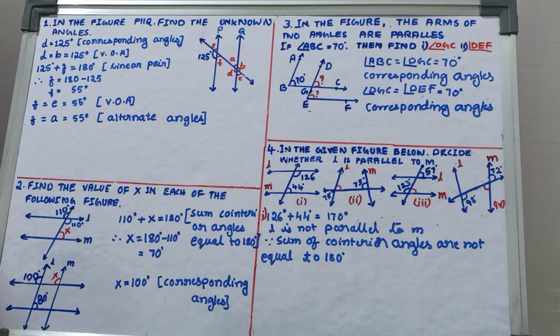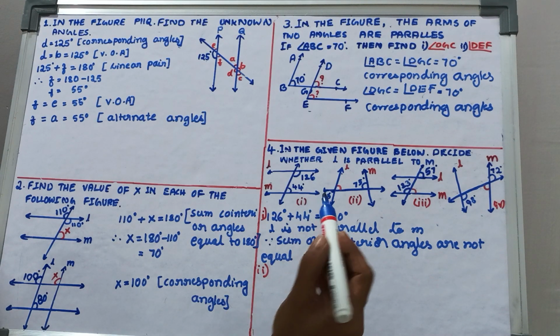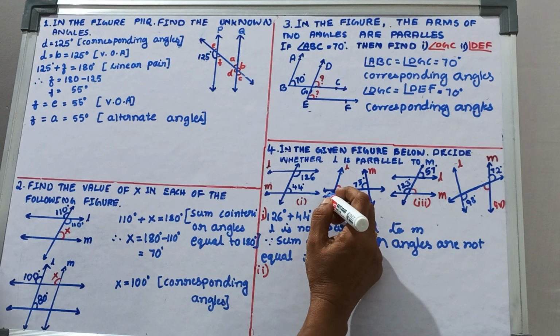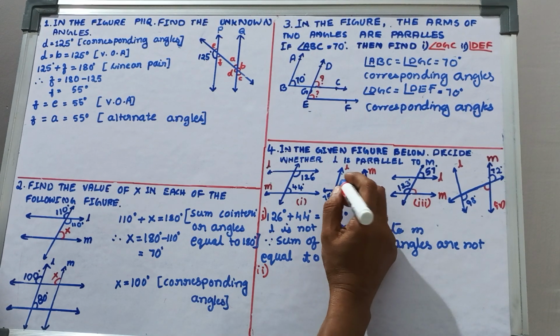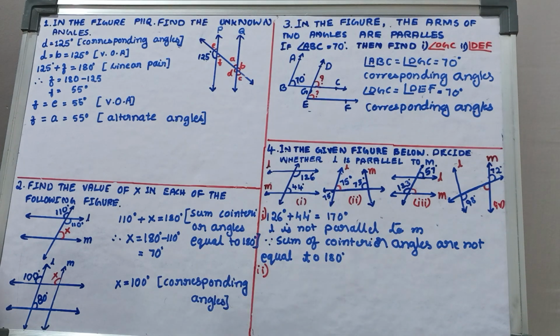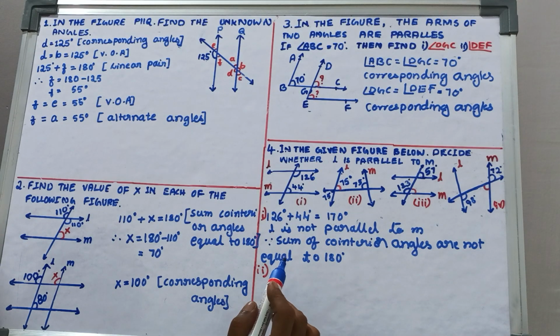Now in the second one, this is 75 degree. This also become 75 degree. Here also these two angles are angles on the same side of the transversal.